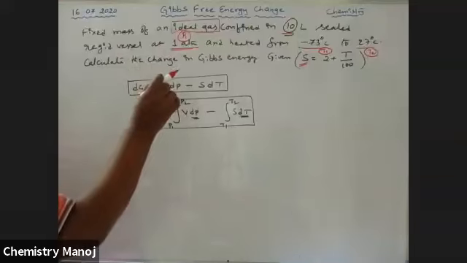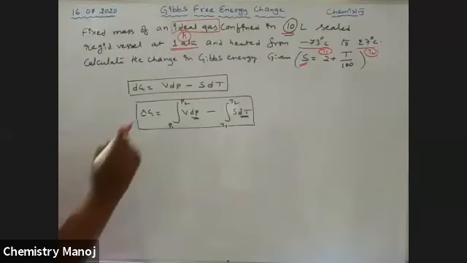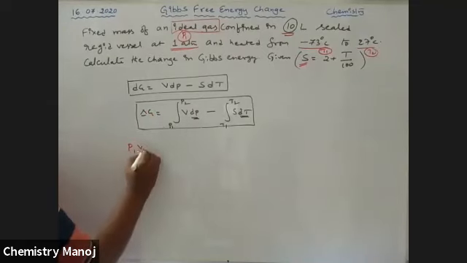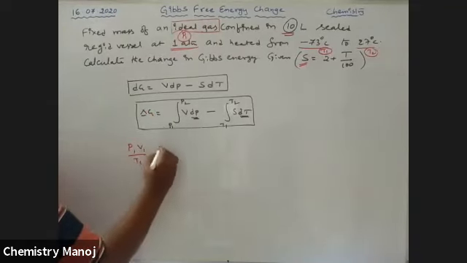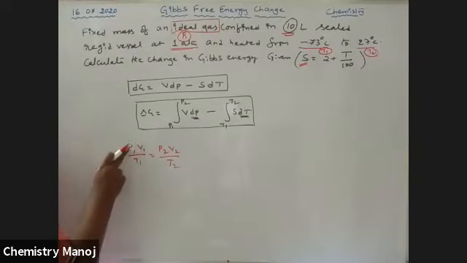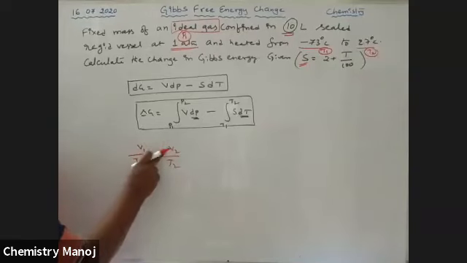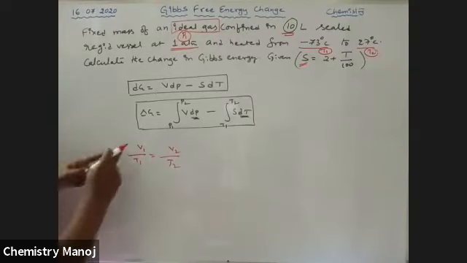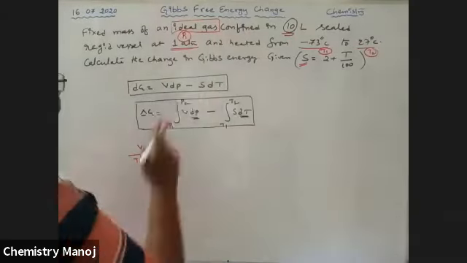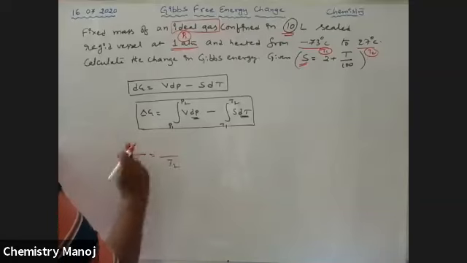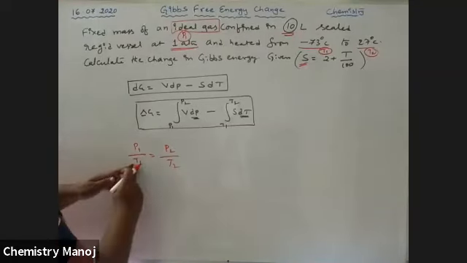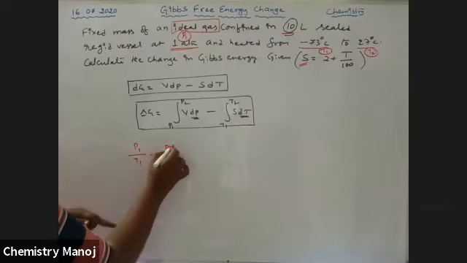For a given mass of gas, we have the formula P1V1 by T1 is equal to P2V2 by T2. Pressure is not constant, volume is constant, sorry for that. Volume constant, that is why P1 by T1 is equal to P2 by T2. We know T1, T2 and P1, so we calculate the P2 value.